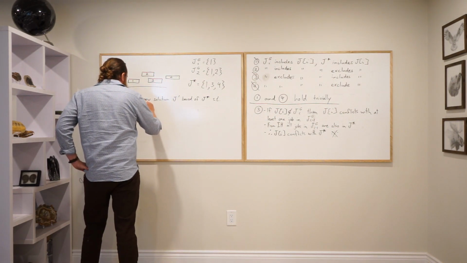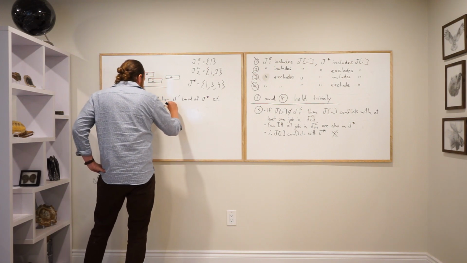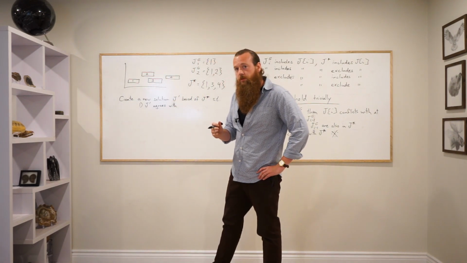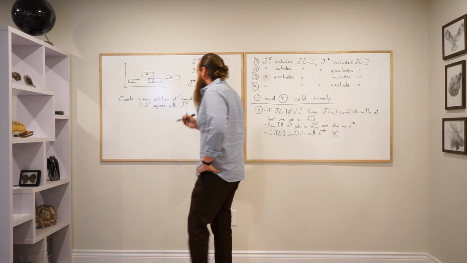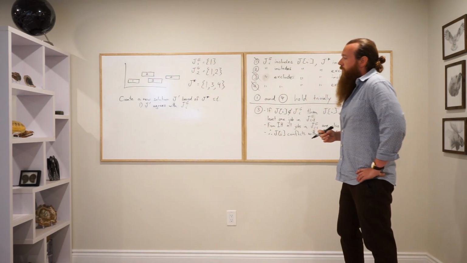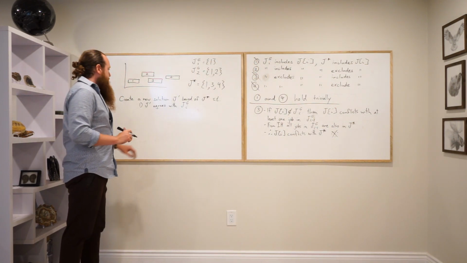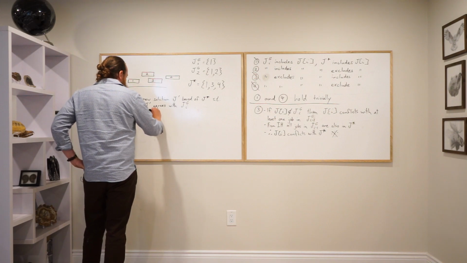Number 1, J prime agrees with my partial greedy solution, JGI. And number 2, it's not good enough that I've created something that agrees with it. I also have to ensure J prime is optimal.